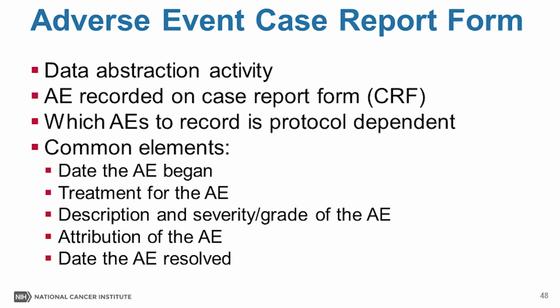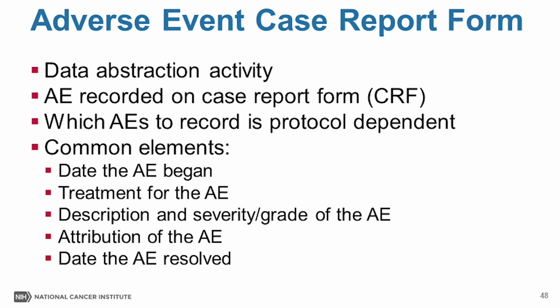So recording of adverse events, also known as data abstraction, is when we take what has been documented in the source document, the medical record or the research record, and we abstract that onto a case report form. And that is going to be dependent on the protocol. Some protocols may want all adverse events recorded.